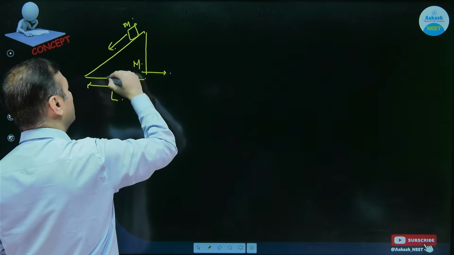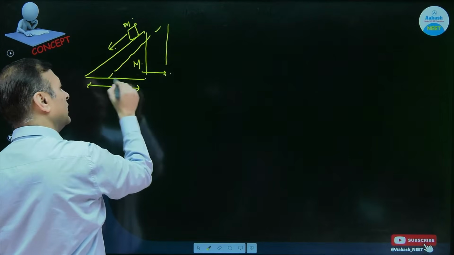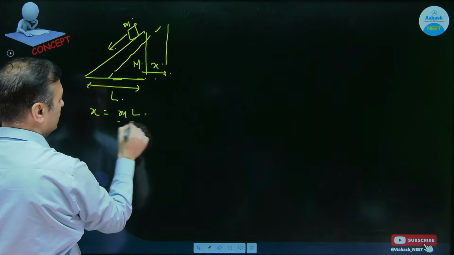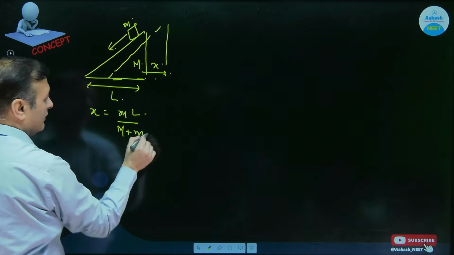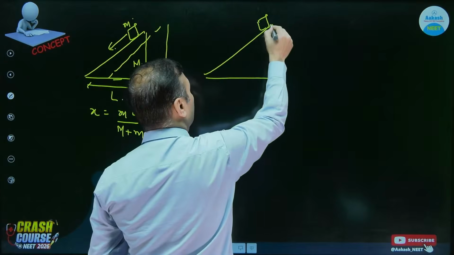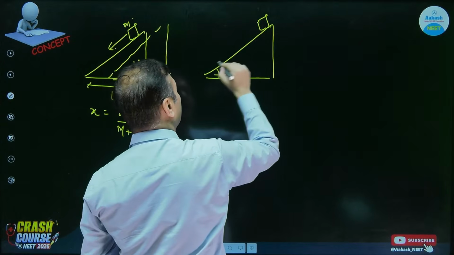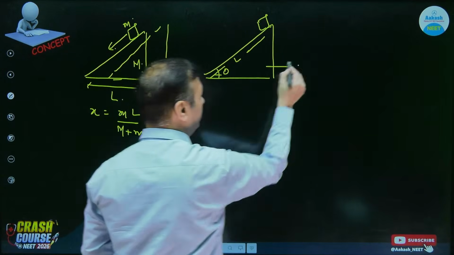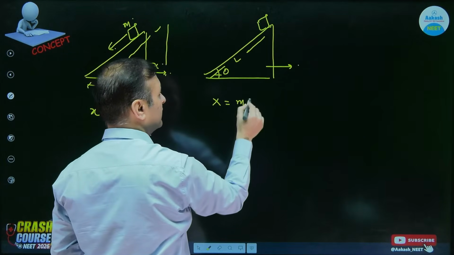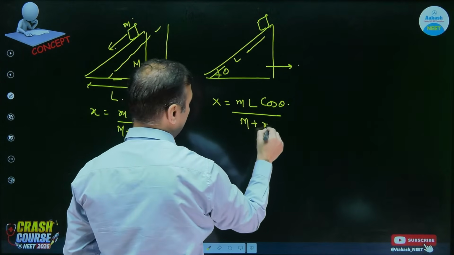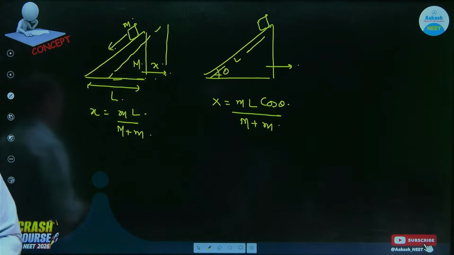So the situation is something like this. To find x, going by the same concept, it's ml by m plus M. Now instead of L, if this is theta and this length is L, again it will shift, and this can be written as ml cos theta by m plus M.